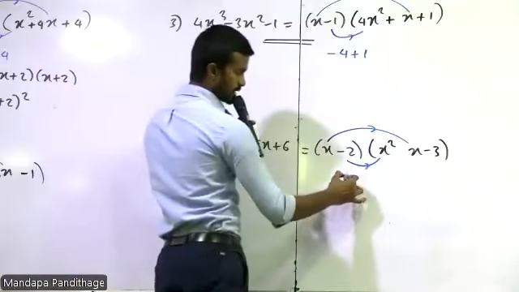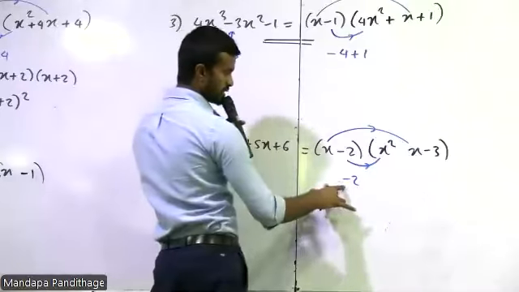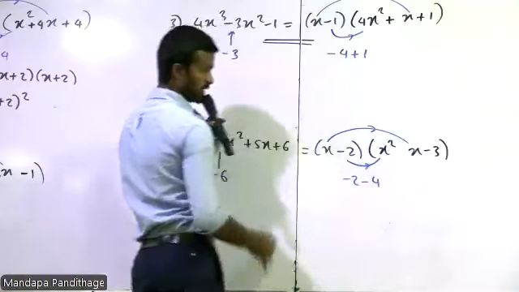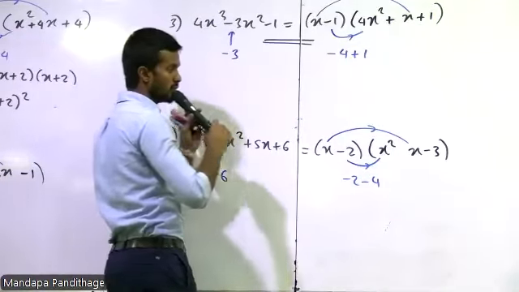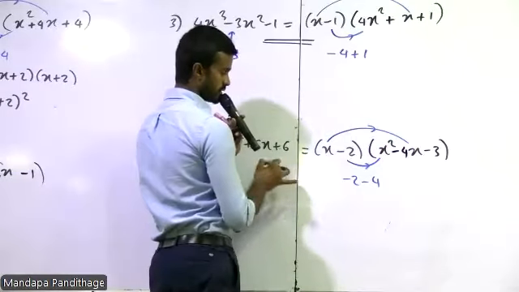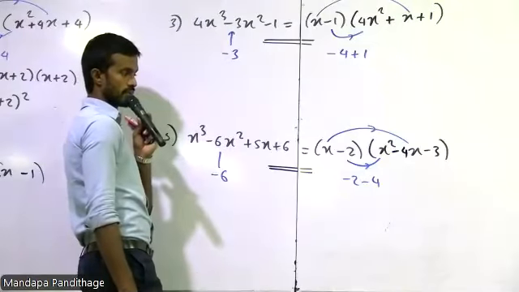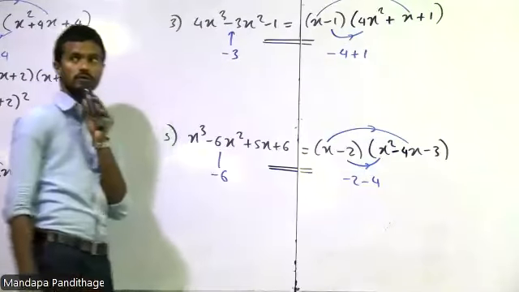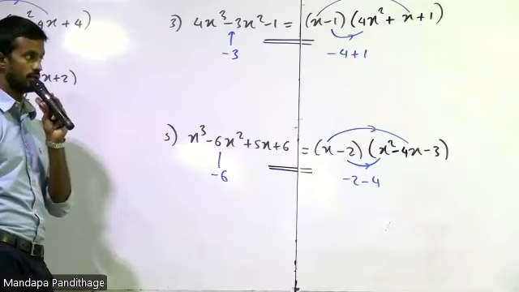You already got a -2. So to have -6, you already got -2, -4 is required. Then to get -4, it's x into -4. You need this coefficient of x into -4. Clear? Okay, then do the remaining 2, 6, and 10.